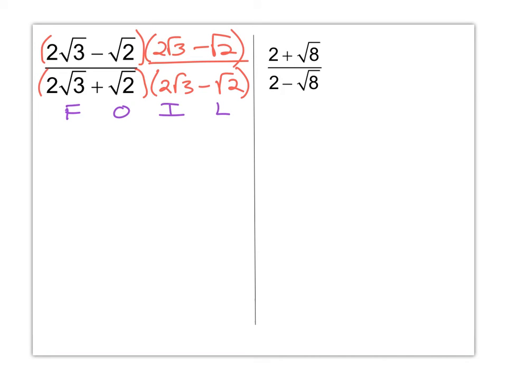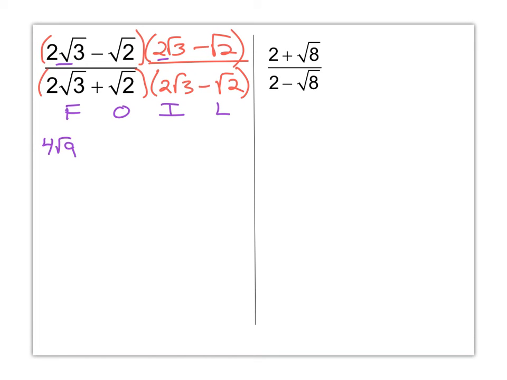When we multiply the first in the numerator, 2 square root of 3 times 2 square root of 3 is 2 times 2, which is 4 times the square root of 9. That's going to simplify.